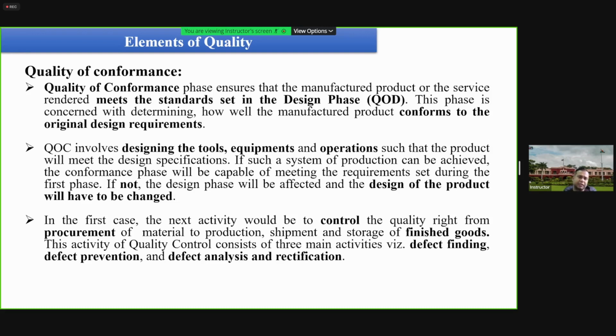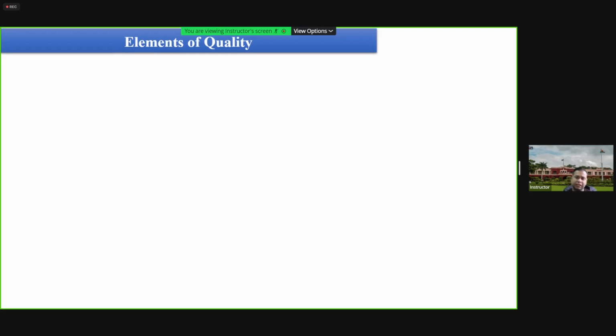And the second task, once we have ensured that we have the capability, is we ensure the quality, or we do the quality control there. And quality control, as mentioned, is defect finding, prevention, and then rectification after analysis.